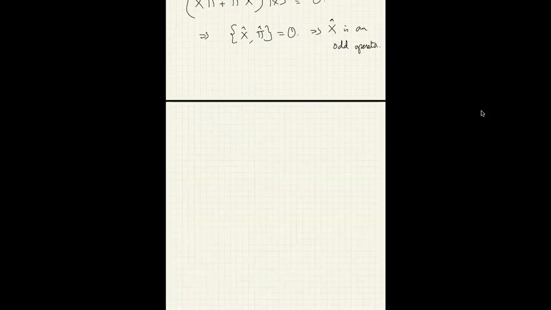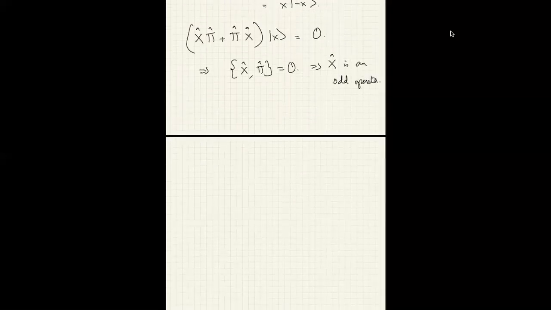Okay. So now we have to do the exact same thing for the p operator. So let us ask, what would pi acting on p be? The easiest way to understand this is to do the Fourier transform and look at this as pi acting on x.